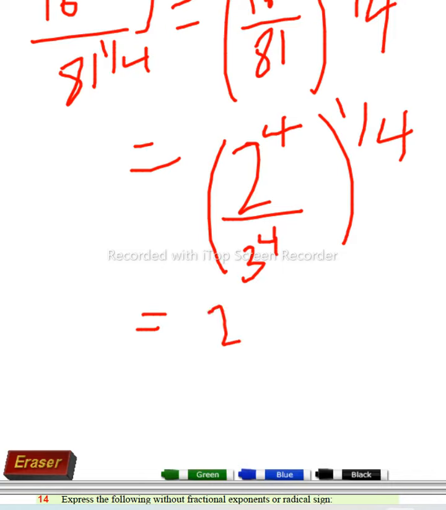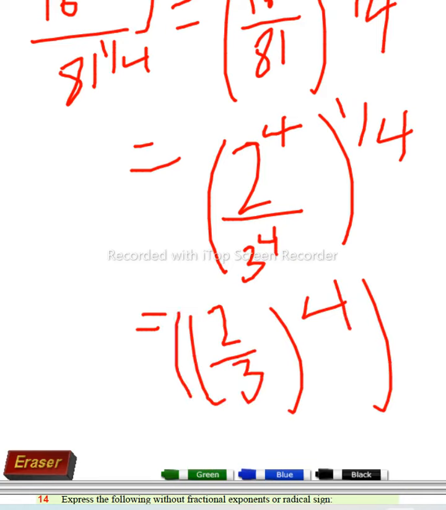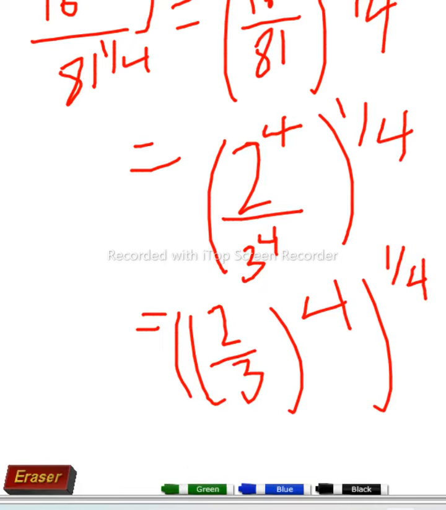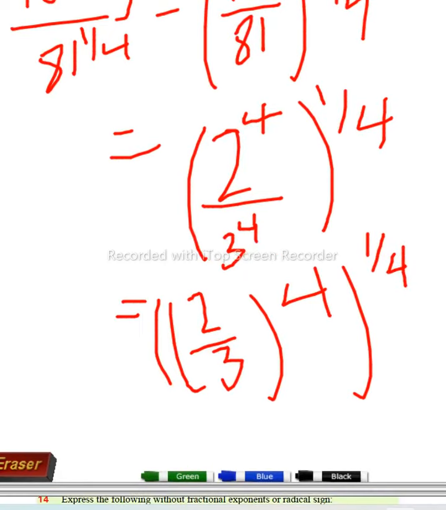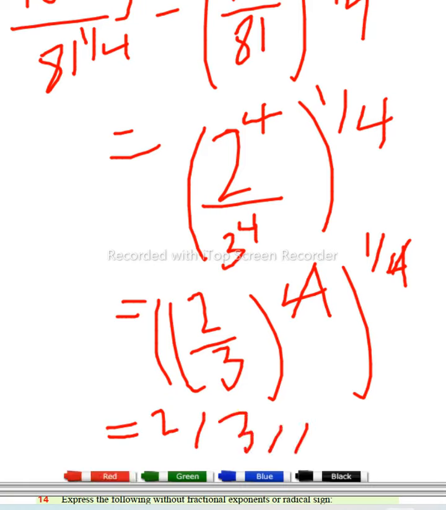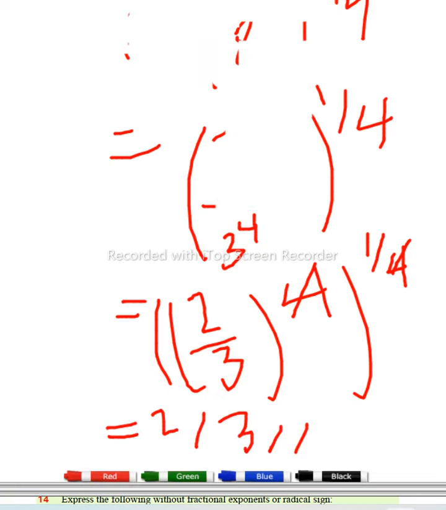So 2 to the power of 4, over 3 to the power of 4, all to the power of 1 over 4. As you see, 4 times 1 over 4 is 1, because 4 will be cancelled like this. So the final answer is 2 over 3. This is our final answer for this question.